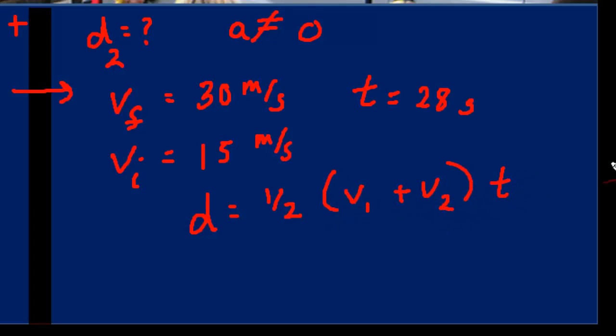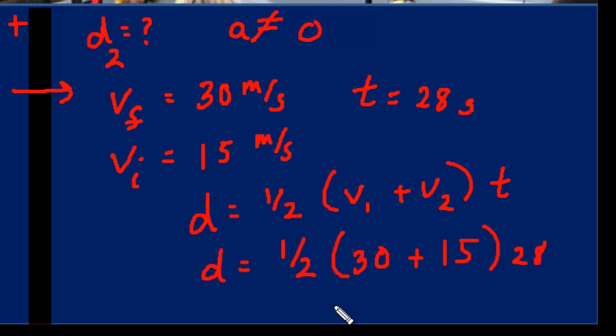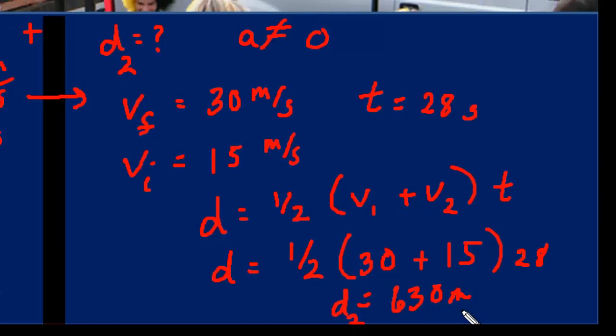I can't always use that equation, but it's working out well for these two problems. Substituting in, that gives me a distance of 630 meters. So the part 2 distance is 630 meters.